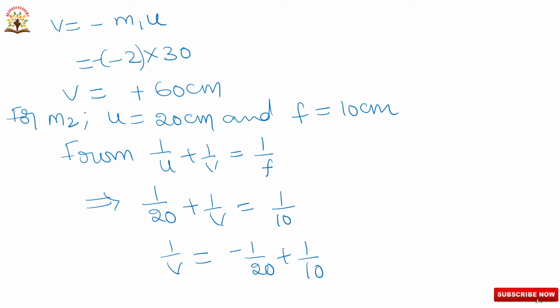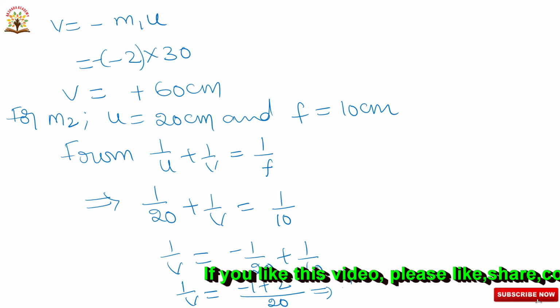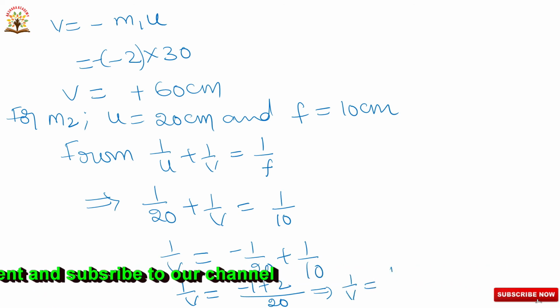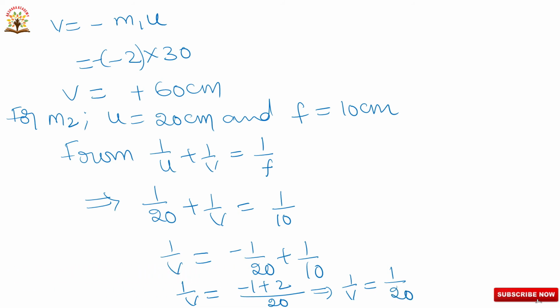Taking LCM, 1 by V is equal to minus 1 plus 2 by 20, that is 1 by 20. So V is equal to 20 centimeters.